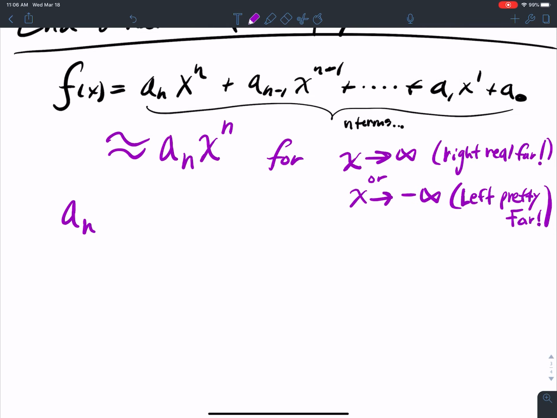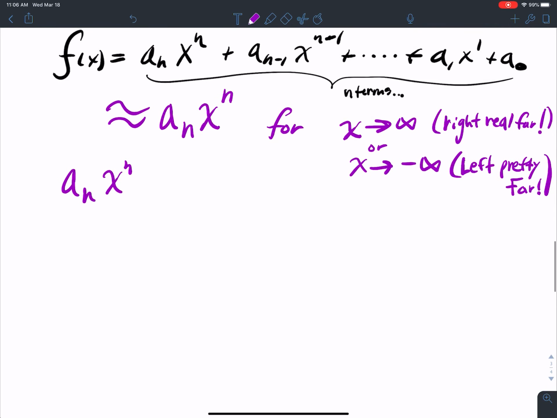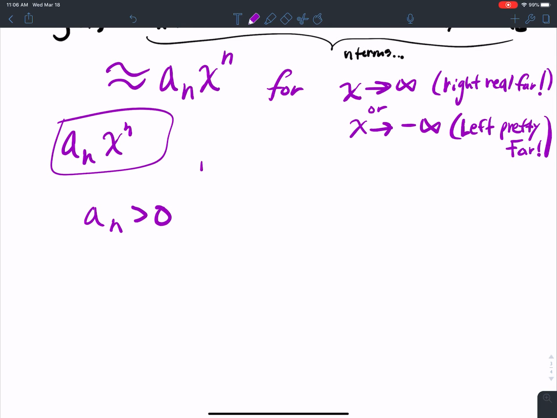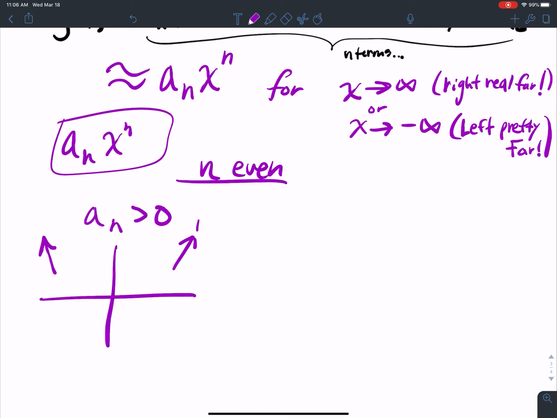If we've got a_n x to the n, with a_n positive and n even, what's that going to look like? If a_n is positive and n is even, you're going to have end behavior that's going to positive infinity on both sides.